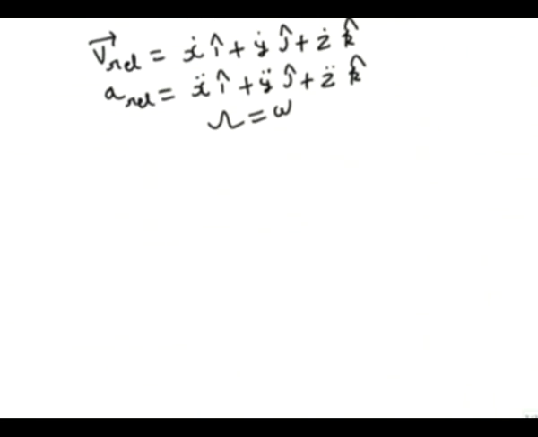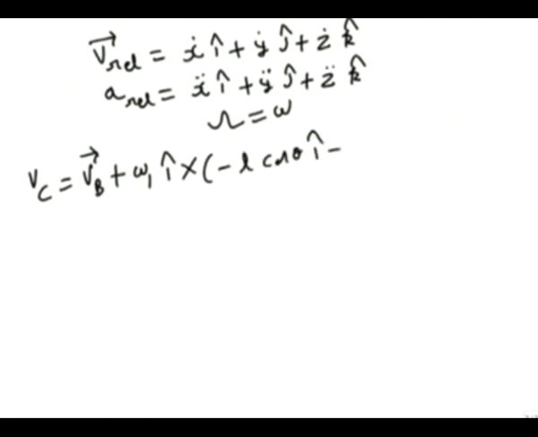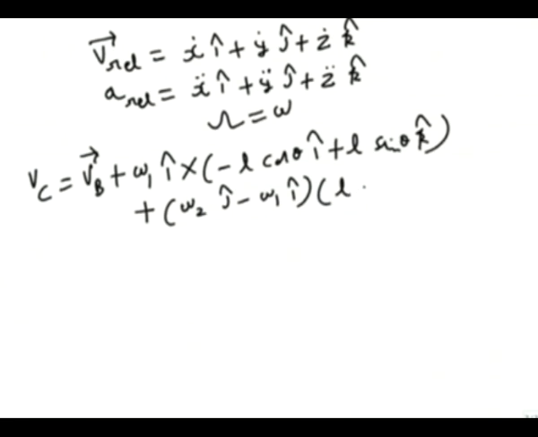Then we get Vc equal to Vb plus omega 1 I cross (minus L cos theta I plus L sin theta k) plus (omega 2 j minus omega 1 I) cross (minus L cos theta I plus L sin theta k).